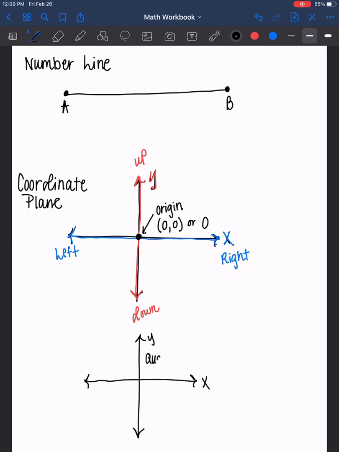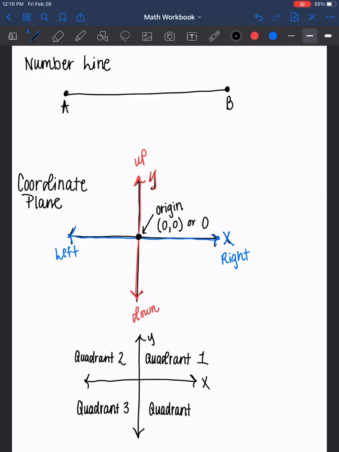They're called quadrants. So I'm going to show you that this top right one here is quadrant 1. This top left one is quadrant 2. This bottom left one is quadrant 3. And this bottom right one is quadrant 4.